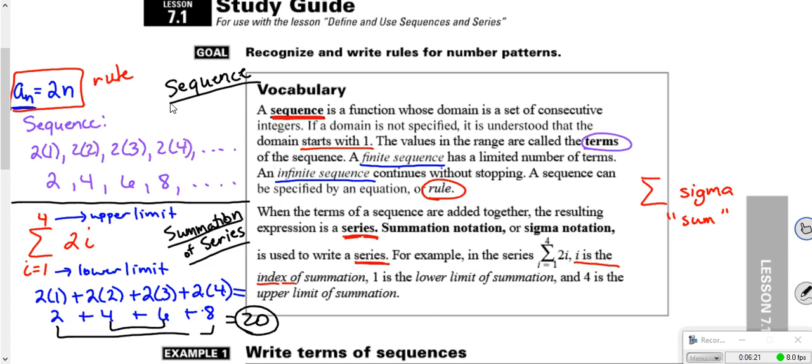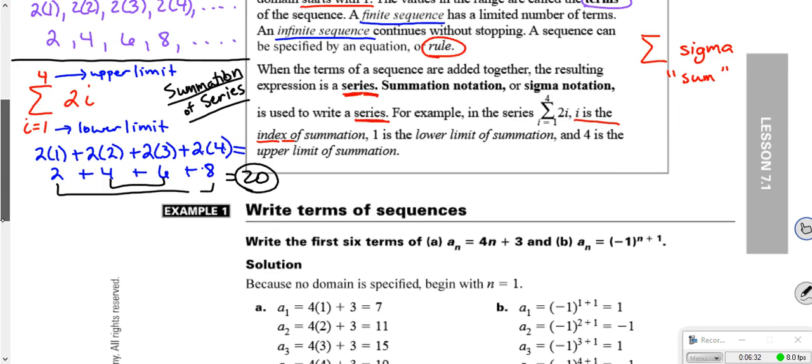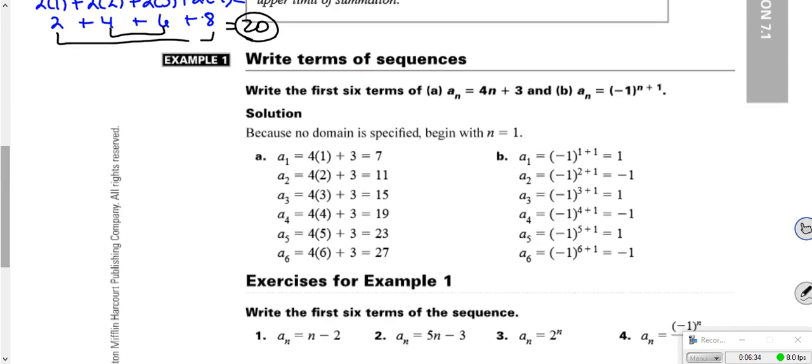Okay, so a sequence is just listing the numbers of a pattern, and a series is where we're summing them. We're adding them all up. Let's look down here at terms of sequences. These are the rules.